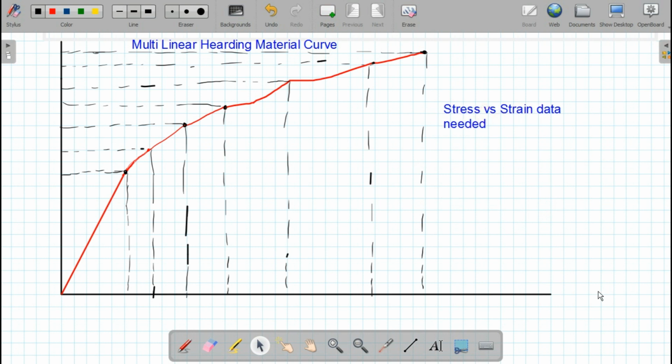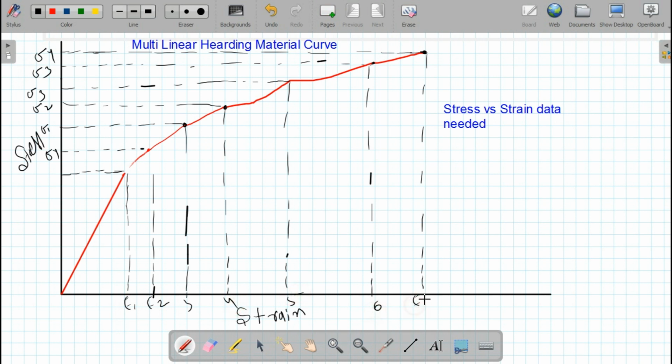You understood, right? Let's say sigma y, then sigma 1, sigma 2, sigma 3, sigma 4, and the strains E1, E2, 3, 4, 5, 6, and then E7, E8, and so on, right?